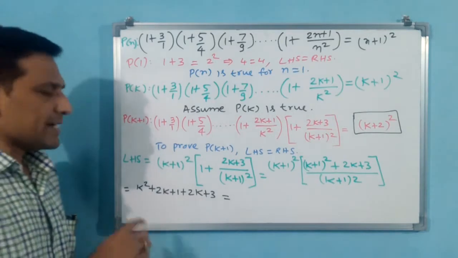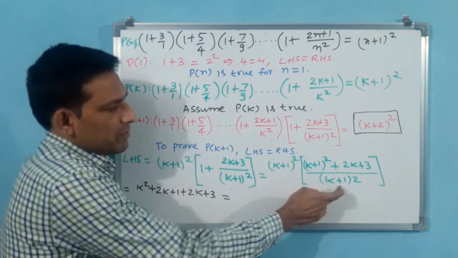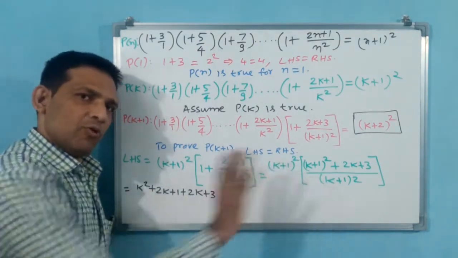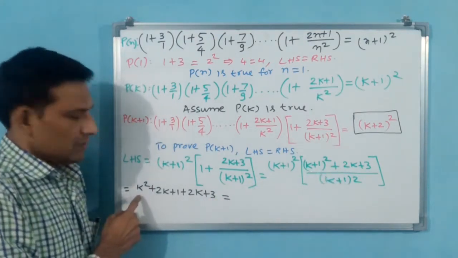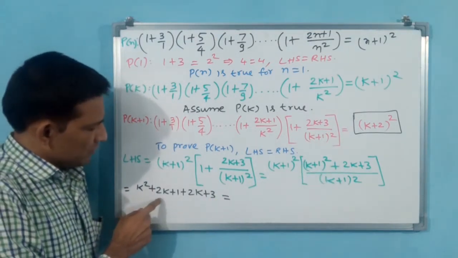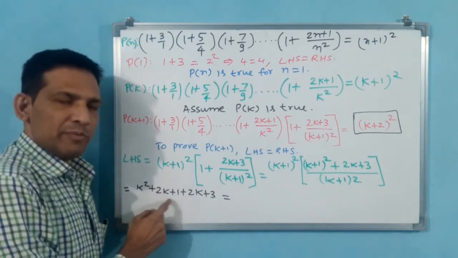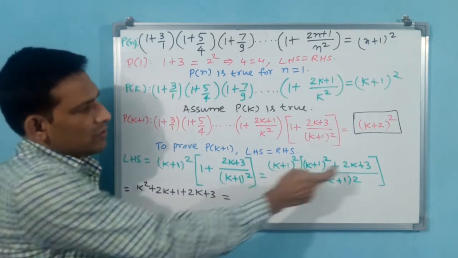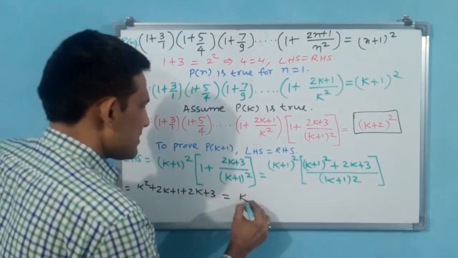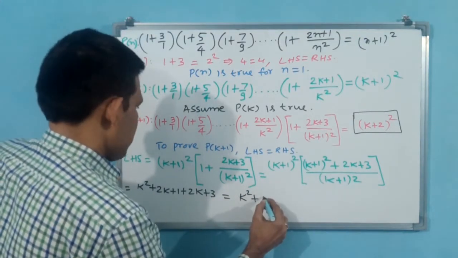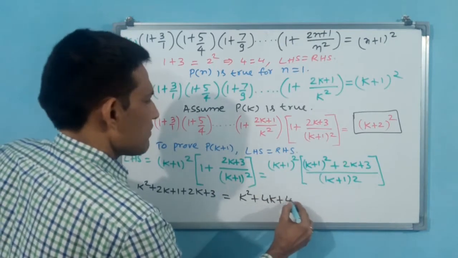You understand this step? Now k plus 1 square, k plus 1 square is not there. They have got cancelled both. K plus 1 whole square I have expanded: k square plus 2k plus 1, a square plus 2ab plus b square. Okay, 2k plus 3 is there. Now you add this. K square plus 4k plus 4. Is it okay?